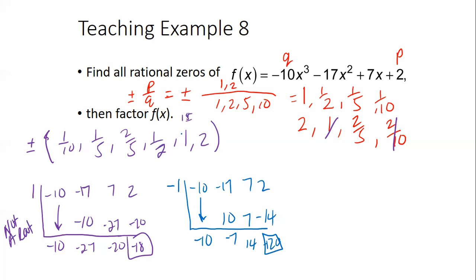So that means the 1s are out, right? +1 didn't work, -1 didn't work. So what should we try next? Want to do 2s? Is more than one going to be a root or just one of them? More than 1. You can have up to 3 of them because what is the degree? Your degree tells you the maximum.